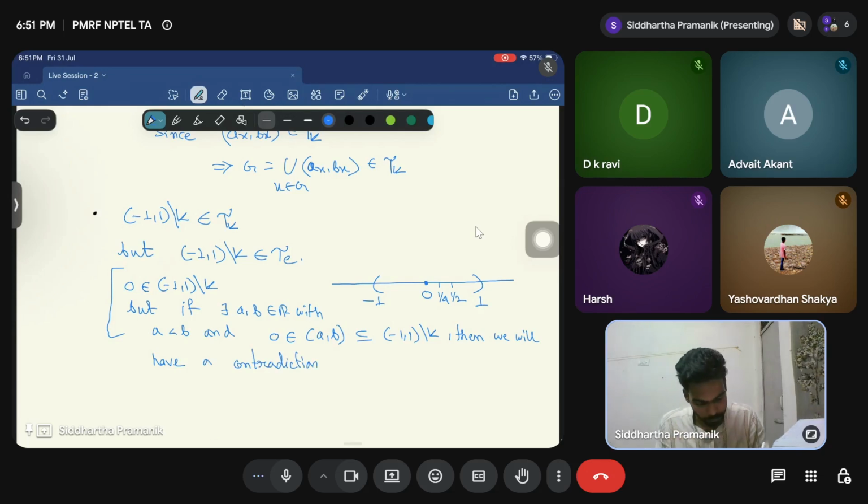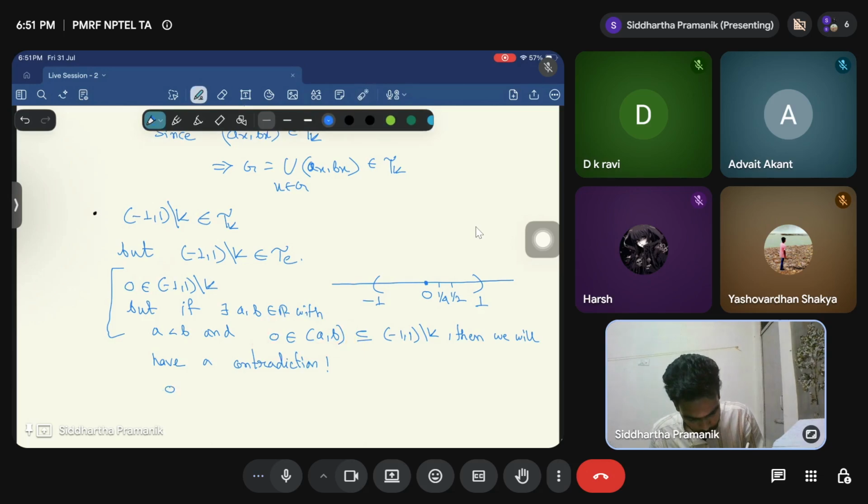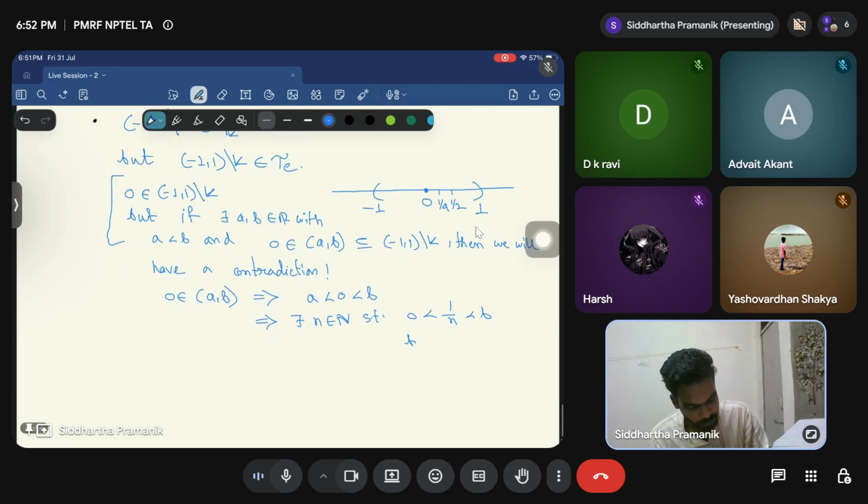Why? Because 0 belongs to (a, b), so a is less than 0 and b is greater than 0. b is a positive real number, so by the Archimedean property, you will find some natural number n such that 0 < 1/n < b.